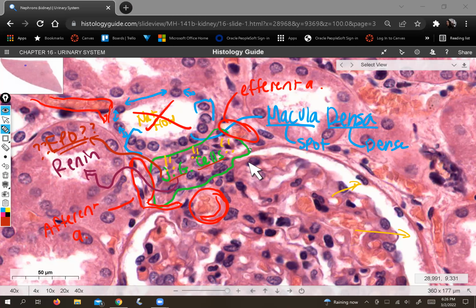It seems weird, like why wouldn't you detect blood flow directly as opposed to detecting this other thing? But if we think about the systems in place here, and we remember that the pressure difference and the diameter difference between the afferent and efferent arterioles is going to keep the glomerulus constantly pressurized enough to have a normal GFR, that already puts us in a position where the blood flow and pressure in the kidney is not normal.